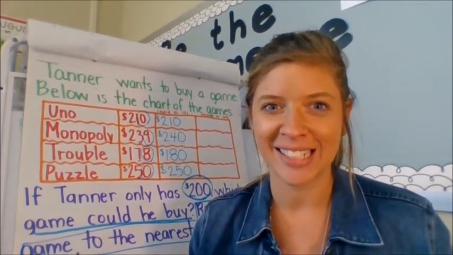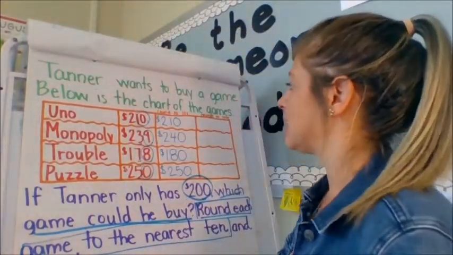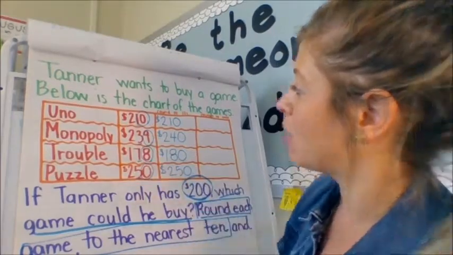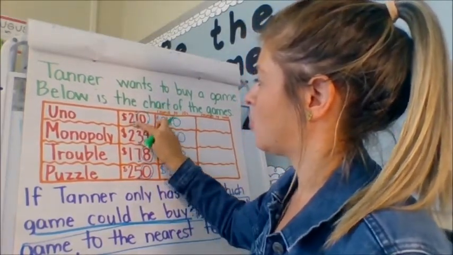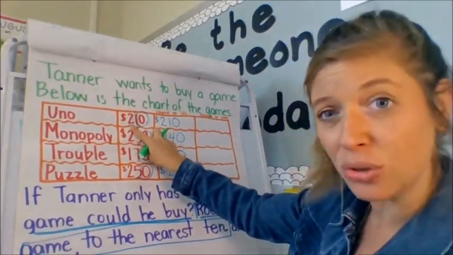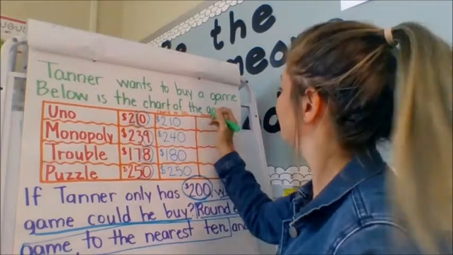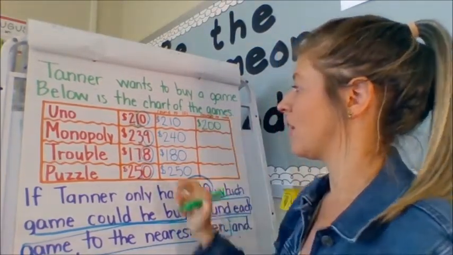Well, let's see. If we round 210 to the nearest 100, we're now going to look at the 1. So 210, round it to the nearest 100. That 1 is going to tell the 2 to rest. And it will be 200.